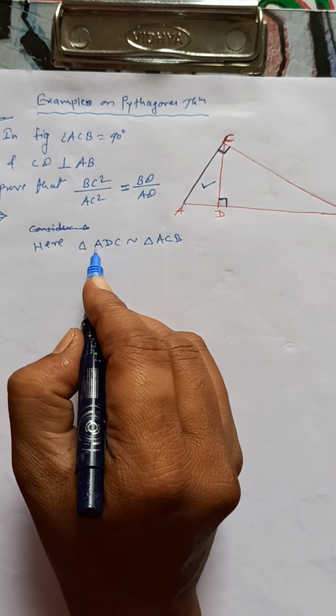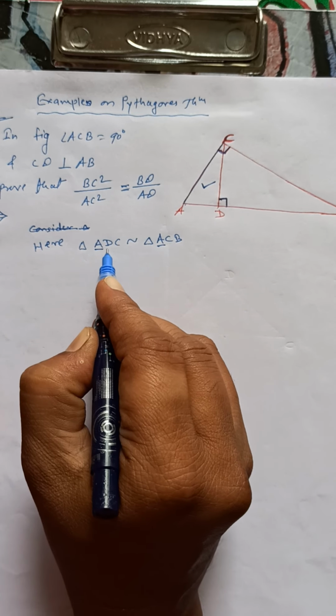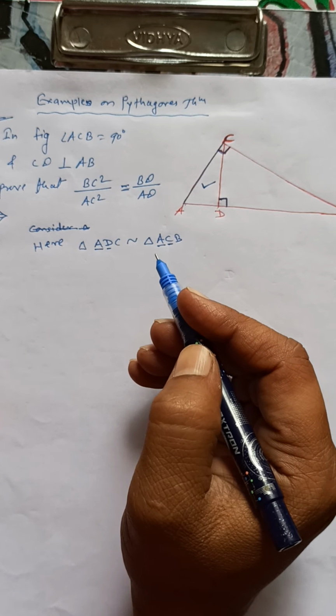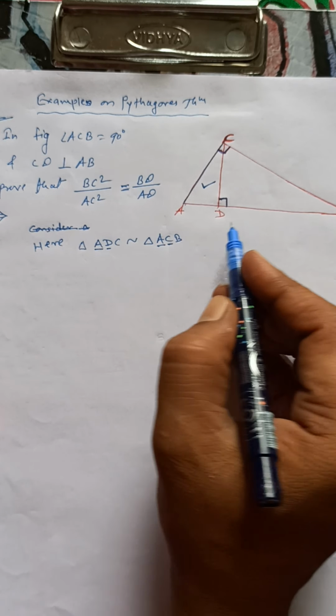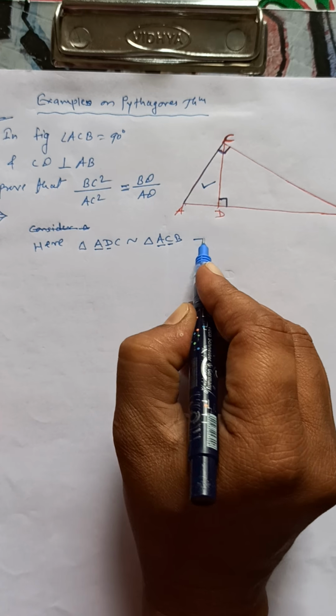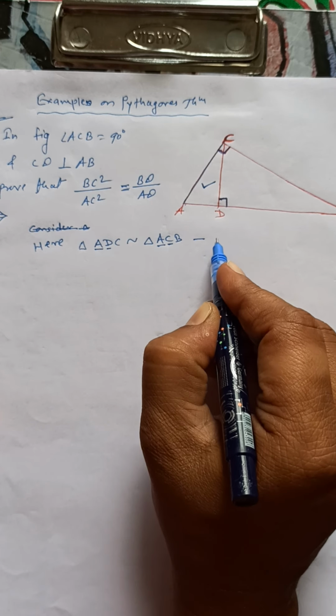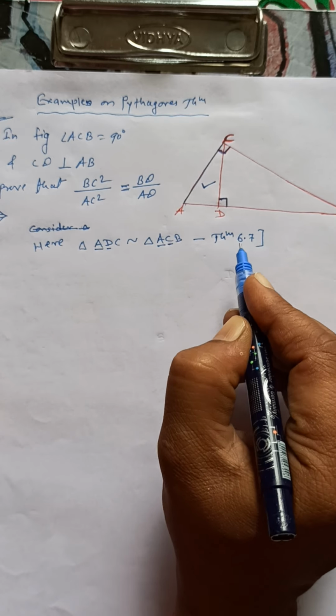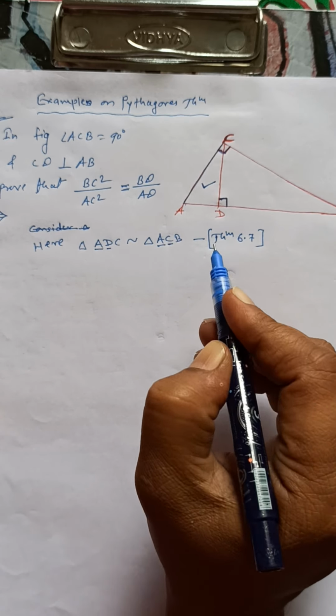Why? A is equal to A, D is 90 degree, here C is 90 degree. So we have to maintain the one-to-one correspondence. And you can write the reason here by angle similarity, or directly you can write theorem 6.7. This is the reason behind it.